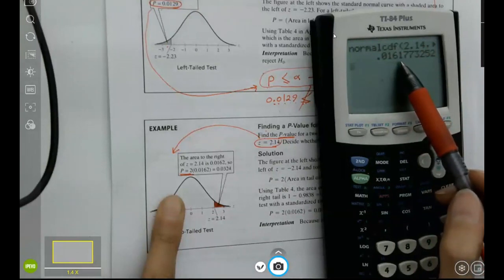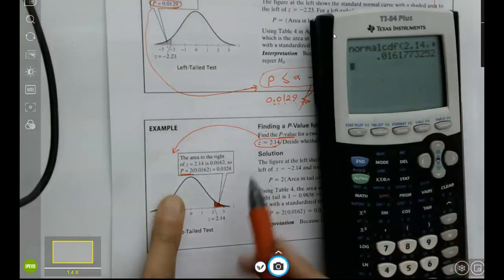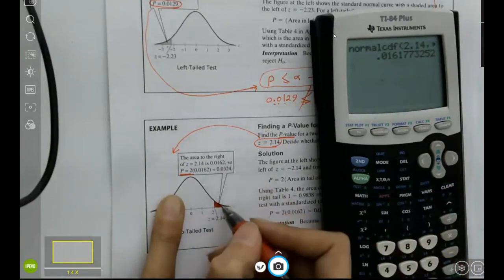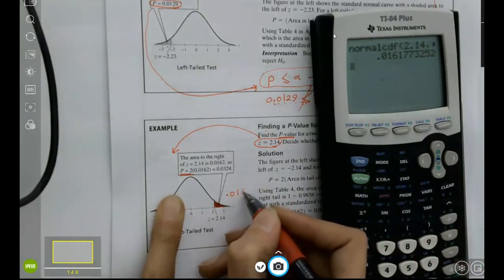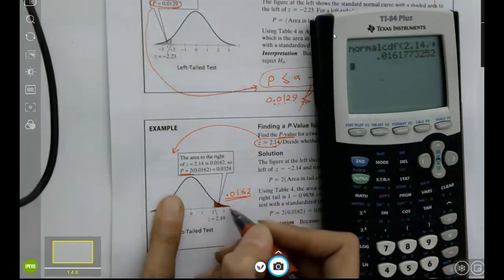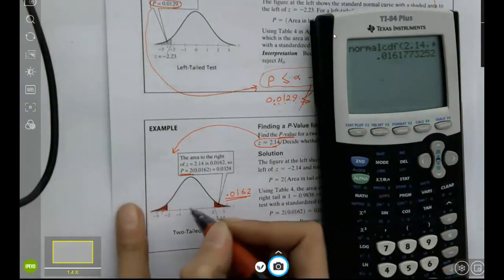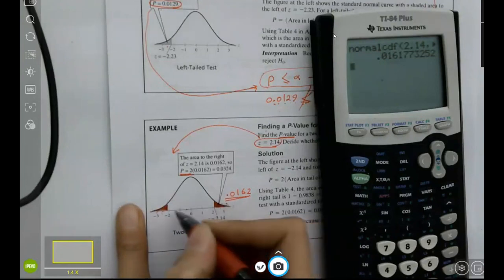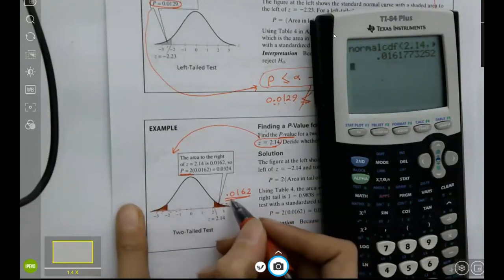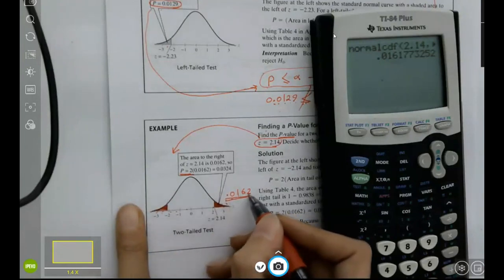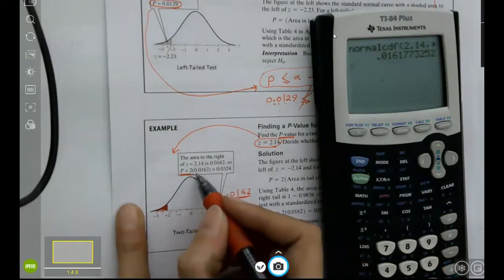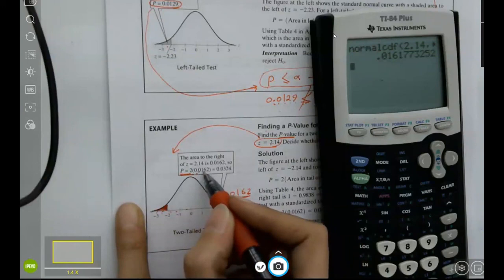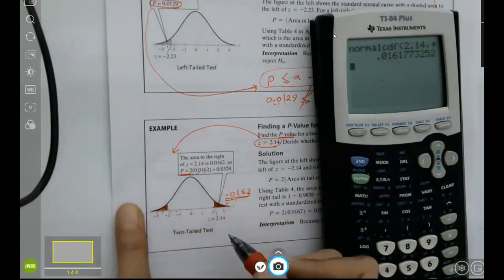This is 0.0162. So this little area is 0.0162. This is just half of the area. The 2 areas altogether is 0.0162 plus 0.0162, or 2 times 0.0162.